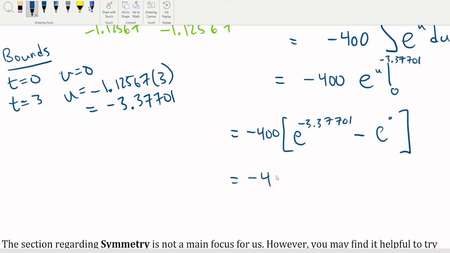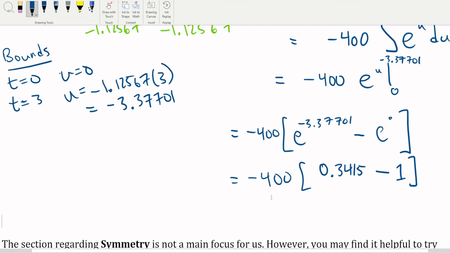equals negative 400. Now, we're going to just plug this into the calculator and try to get a guess at what's going on here. So e to the power negative 3.37701. All right, that's 0.3415 minus e to the 0 is 1. So minus 1.